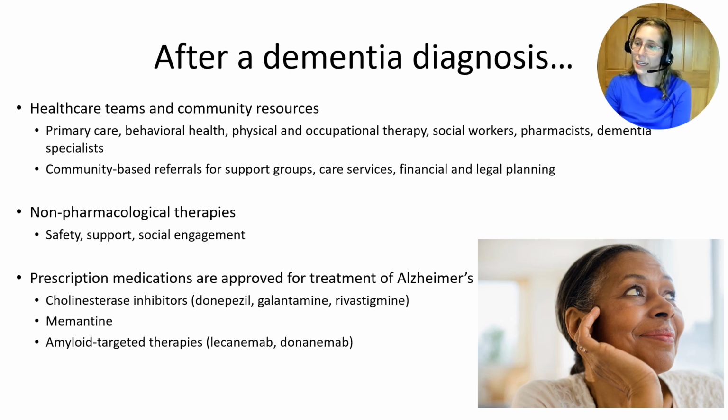This is a chronic condition, and healthcare teams as a whole, everyone can play a role, whether that's a primary care clinician, a nurse, behavioral health care member, physical and occupational therapists, social workers, pharmacists, dementia specialists. There's also community resources where you can make community-based referrals for support groups, care services, financial and legal planning.